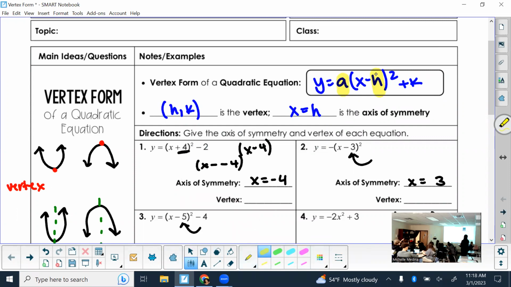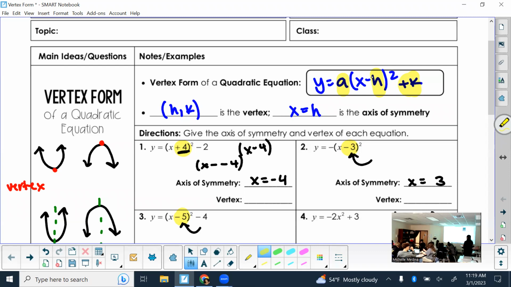The A, the H, and the K would all be normally replaced with numbers. All right, so if you're given an equation in this format, you just have to check what number is in the parentheses with the X, and that's your axis of symmetry.